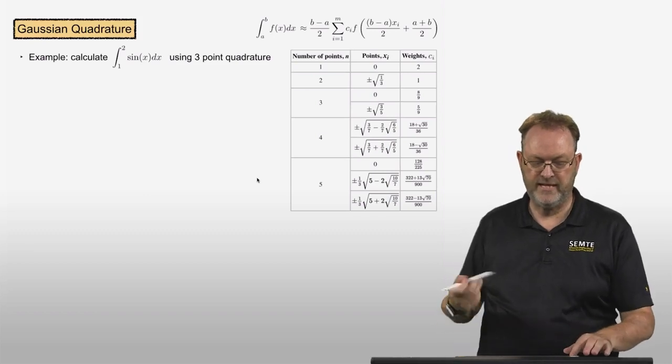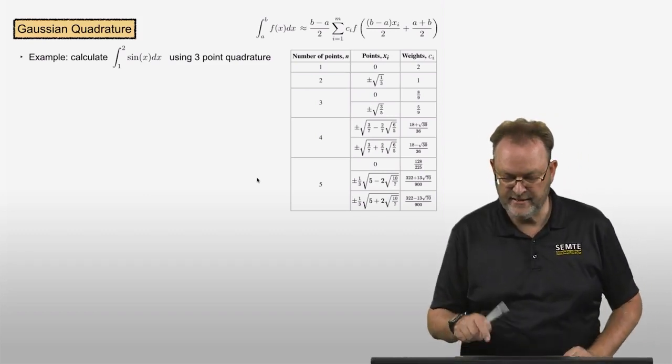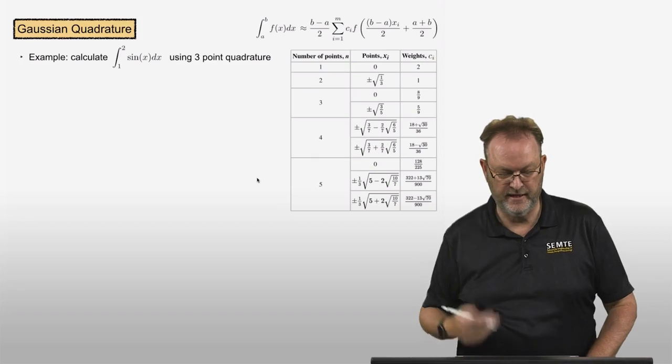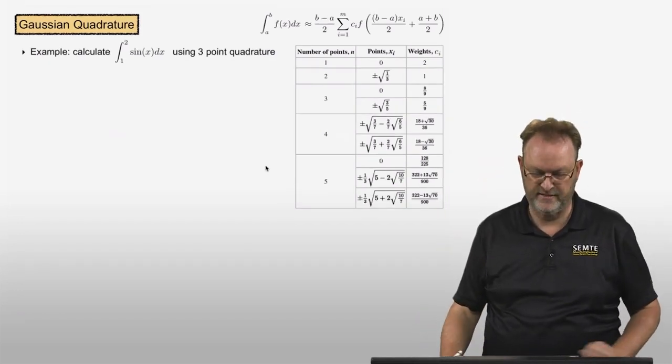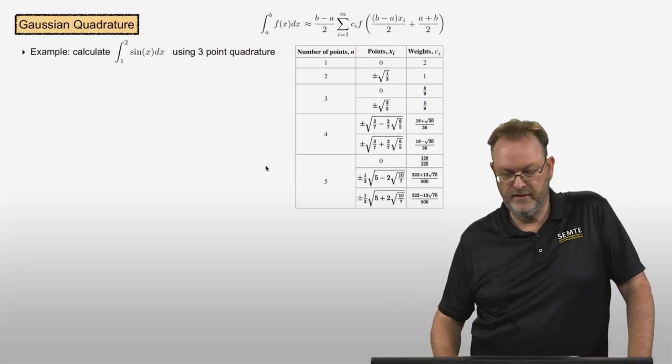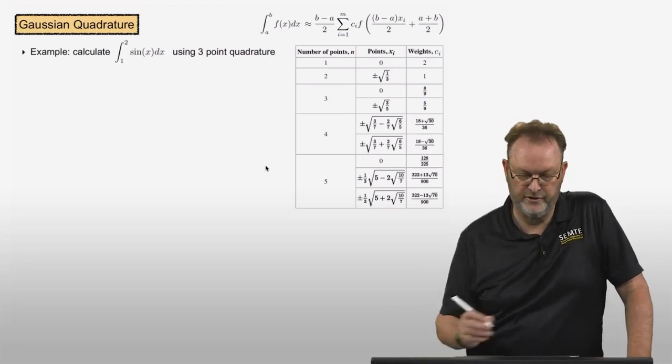Okay, so let's do an example. Let's calculate the integral from 1 to 2 of the sine of x dx using 3-point Gaussian quadrature.